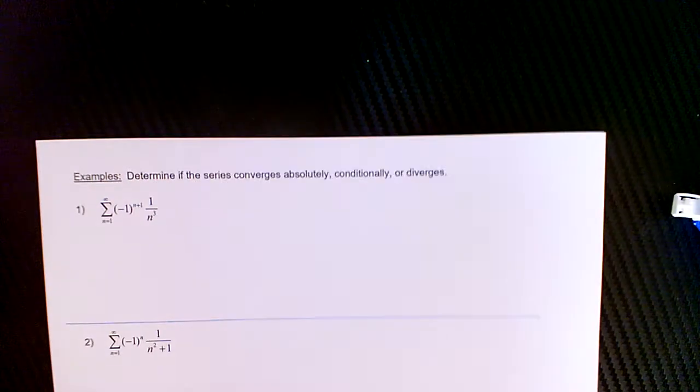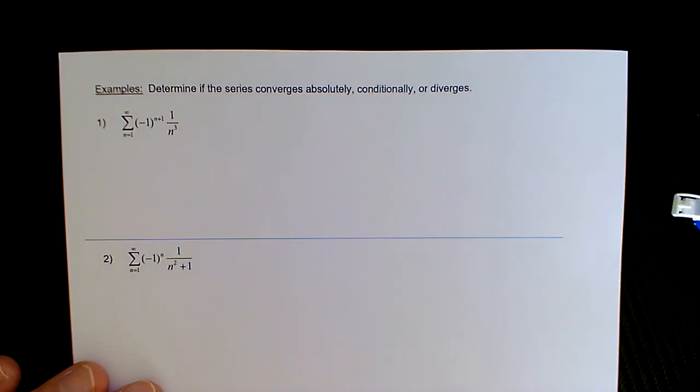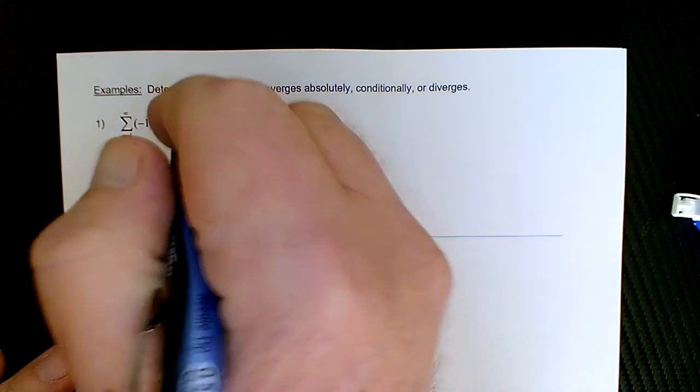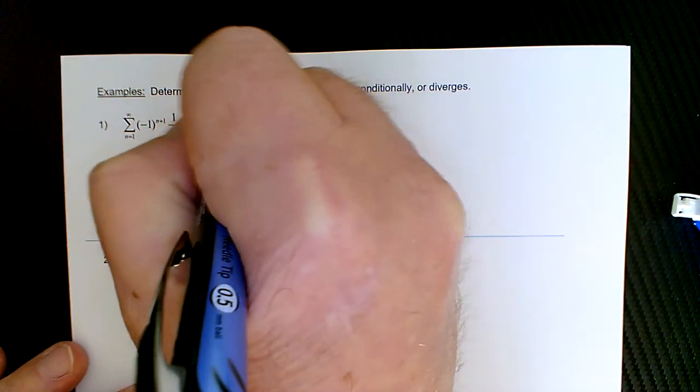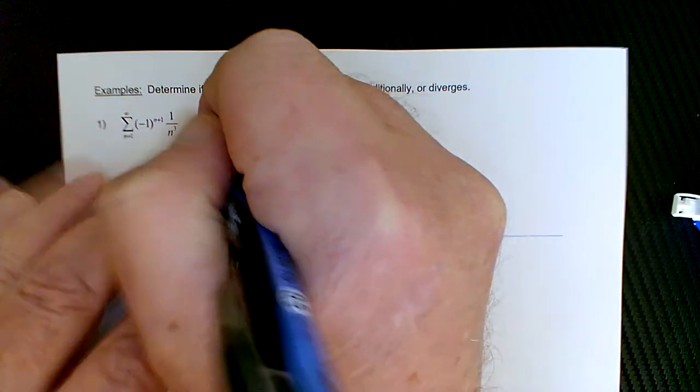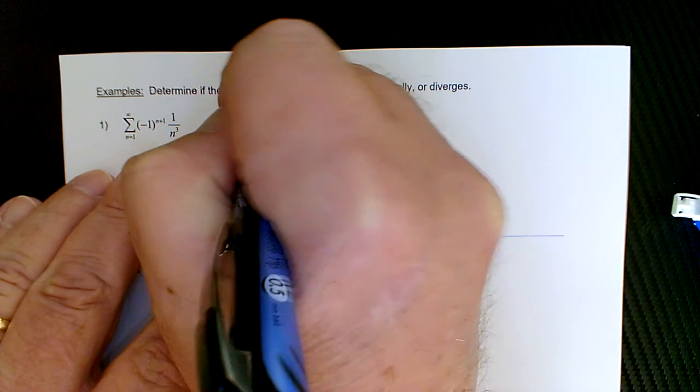So some examples. The first thing we consider, you read the directions, you're going to be told absolute, conditional, or diverges. First thing you consider is the sum of the absolute value of a sub n.